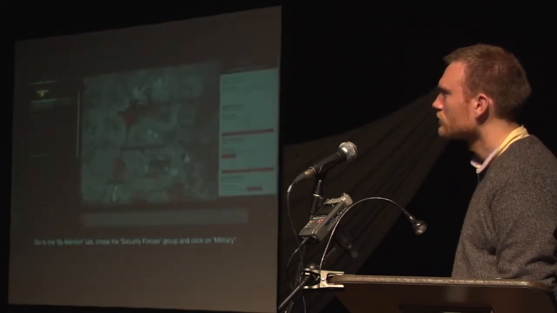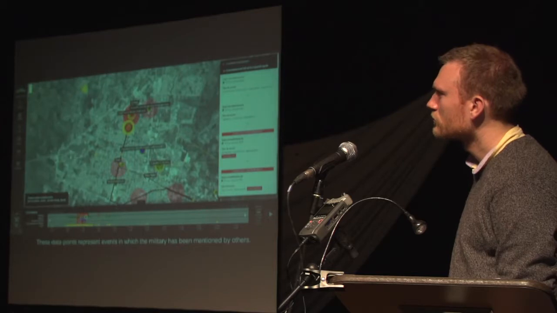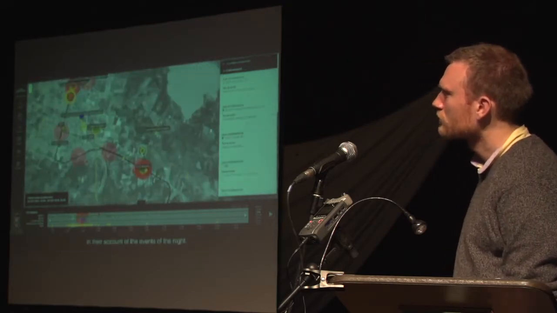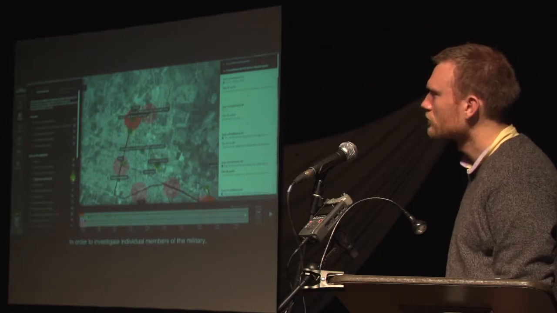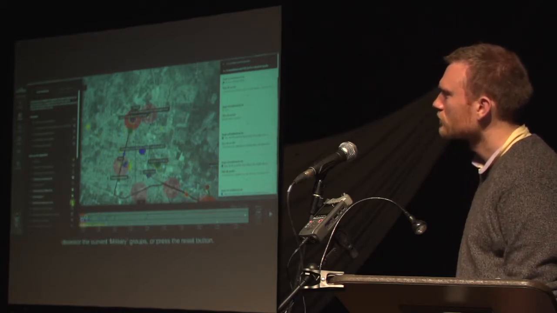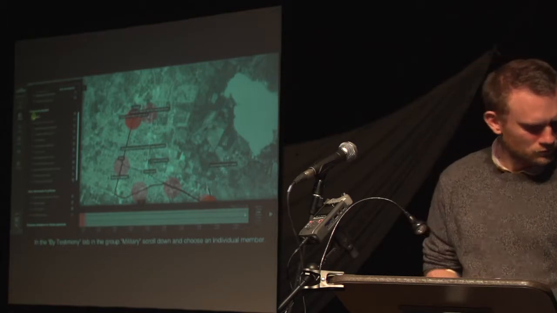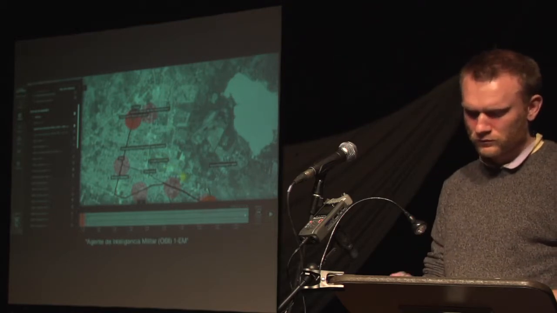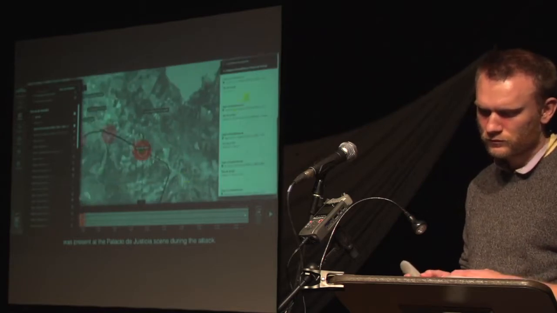Vaya a la pestaña Por mención, despliegue el grupo Fuerzas de Seguridad y dé clic sobre Ejército. Esta información representa los eventos en los que los militares fueron mencionados por otras personas. Explore estos puntos para encontrar información que los militares omitieron sobre los eventos de esa noche. Para investigar miembros del ejército en particular, deseleccione el grupo actual de Ejército o dé clic al botón de Reset. En la pestaña de Por testimonio, en el grupo Ejército, desplace el cursor hacia abajo y escoja uno de los individuos de la lista. El agente de inteligencia militar OBI 1EM estuvo presente en la escena del Palacio de Justicia durante el ataque en ese lugar.